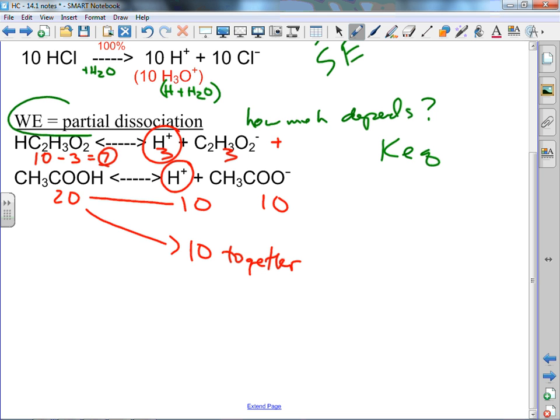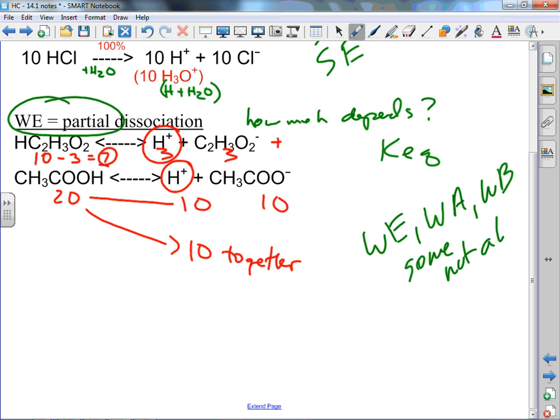We just need to know that only some of them break apart. That's all we care about, is some, not all. Important key here. Weak electrolyte, weak acid, weak base. Some, not all. Okay?